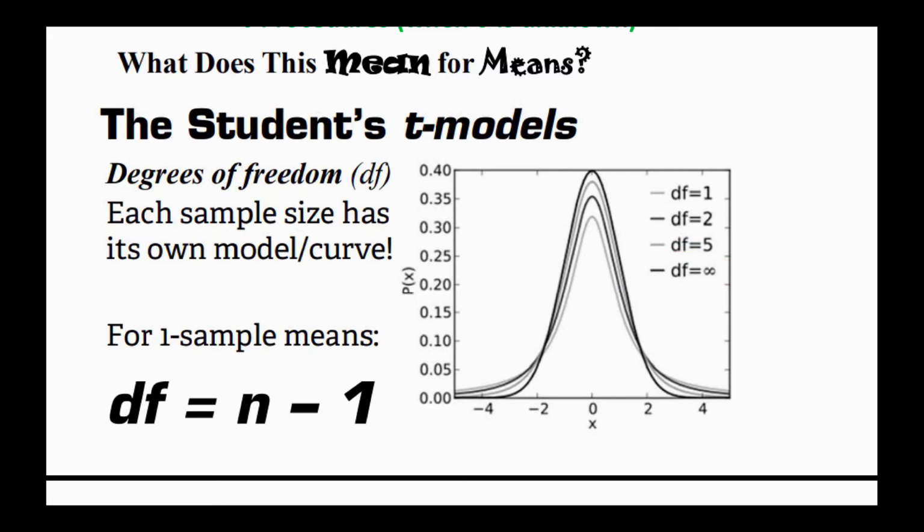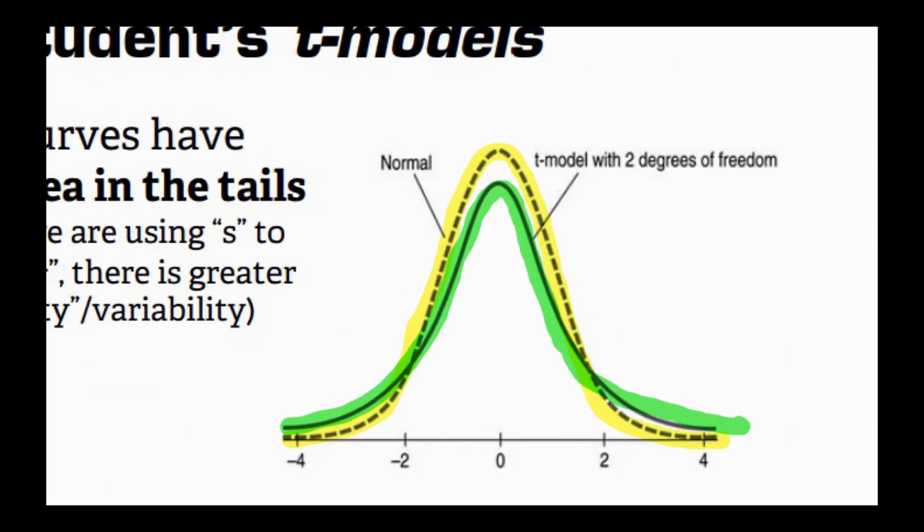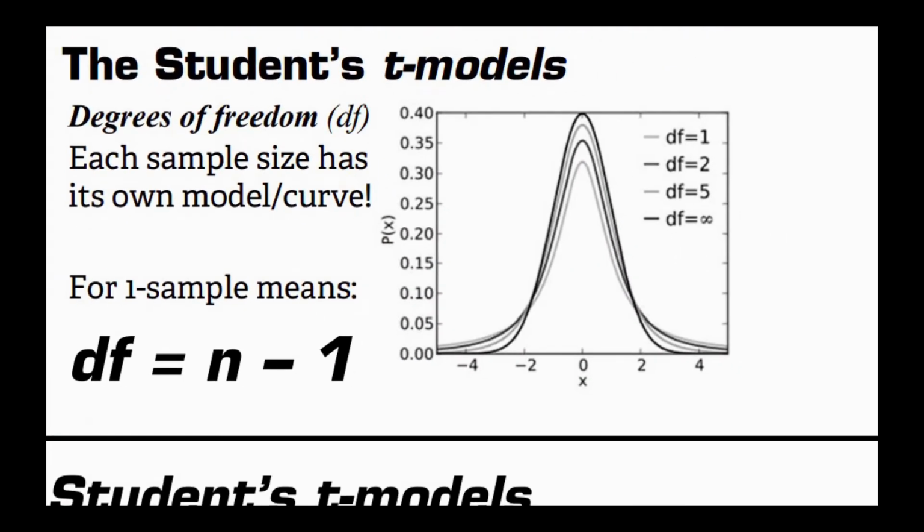So normal would be degrees of freedom equals infinity. That's never going to happen, right? So more than likely, I'm going to get a degree of freedom of some value. So this part is important.